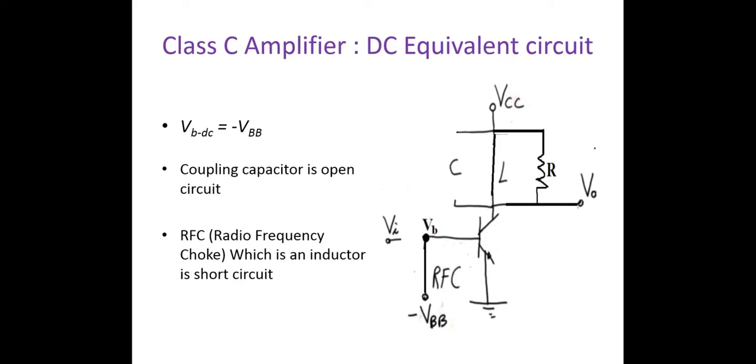It is basically a high value inductor which will be short circuit for DC. So we have a short circuit from minus VBB to VB and an open circuit between Vi and VB. So VBDC will be simply equal to minus VBB.